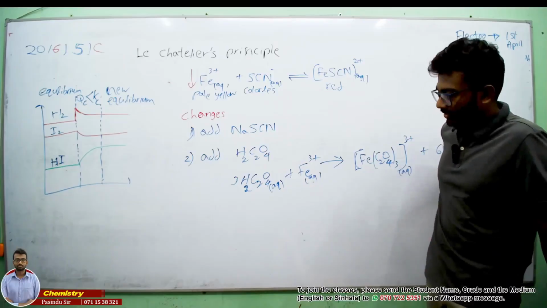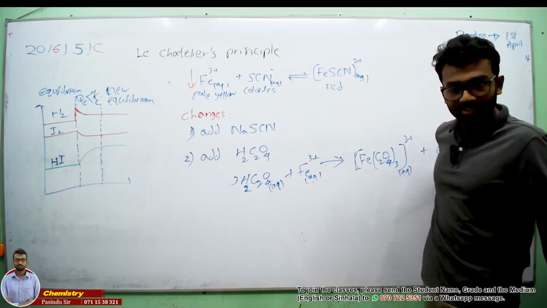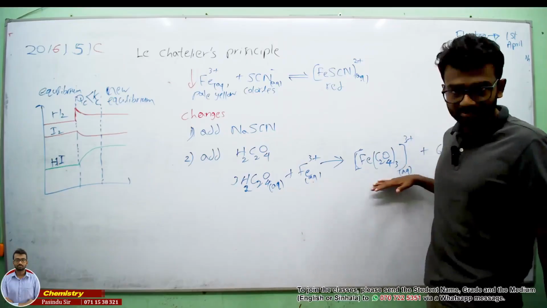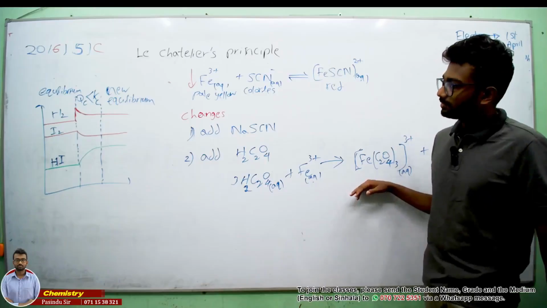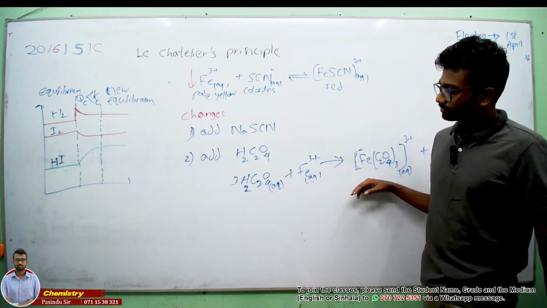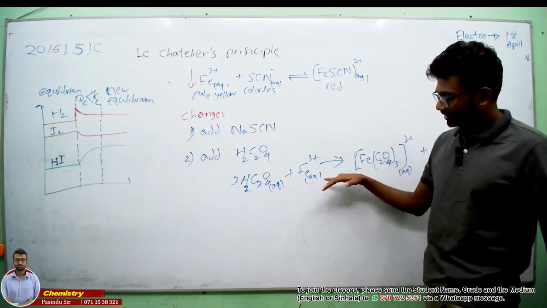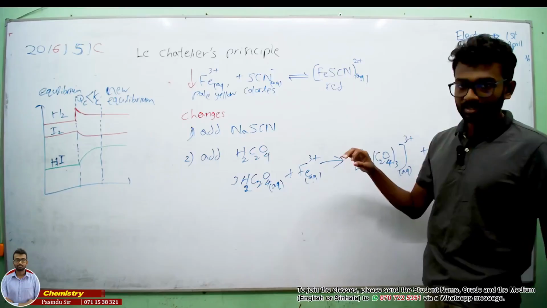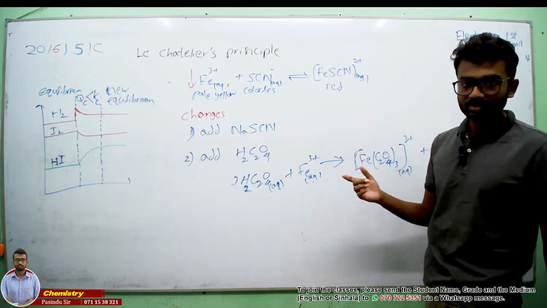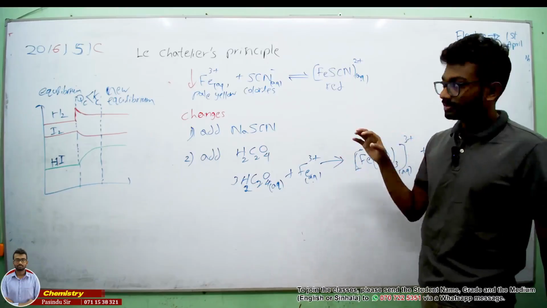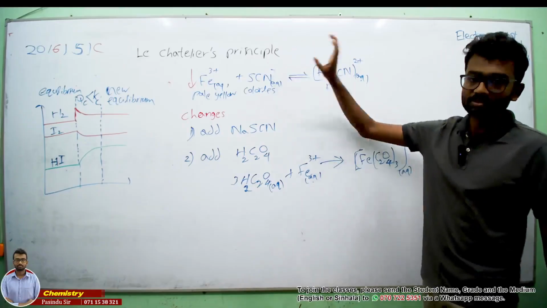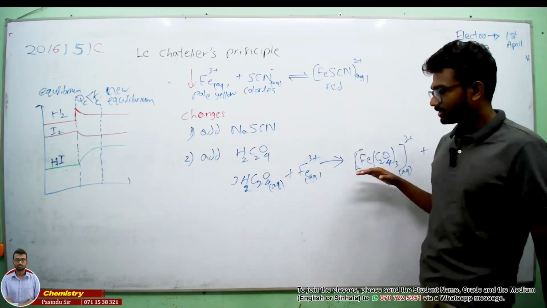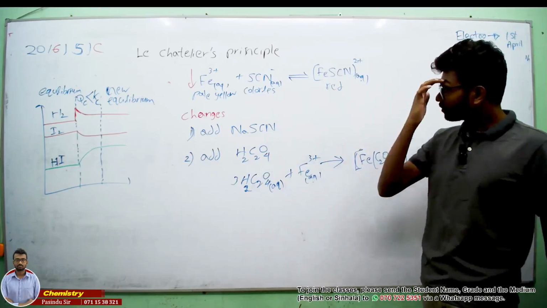You should say it makes a complex with Fe, and write the equation. Then you should say it reduces the amount of Fe from the system, and then write the equation. You have to mention those things.